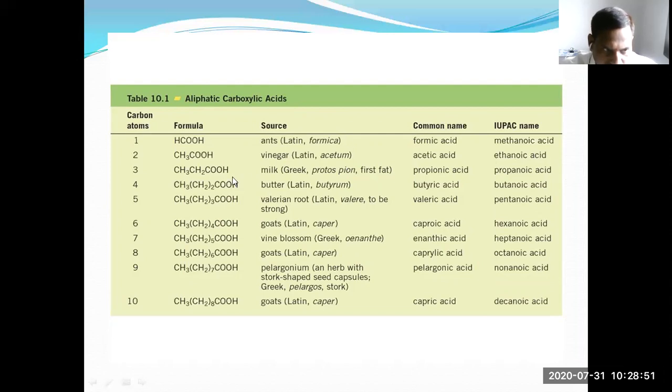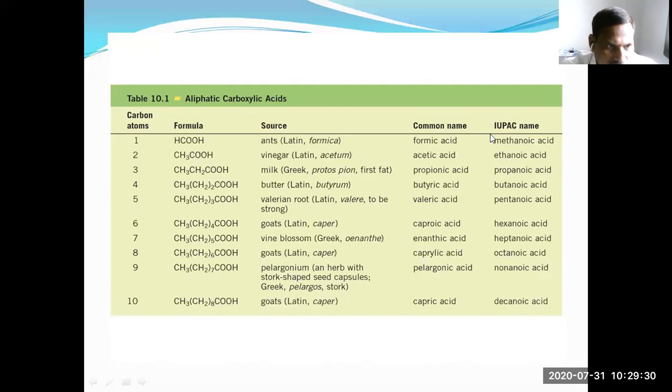Like this, propanoic acid, butanoic acid. The common name of butanoic acid is butyric acid. Then pentanoic acid, hexanoic acid, heptanoic acid, octanoic acid, with a total of 8 carbons present in this carboxylic acid, nonanoic acid, decanoic acid.